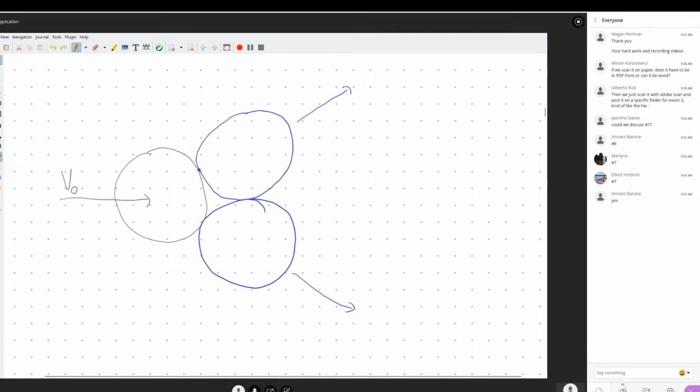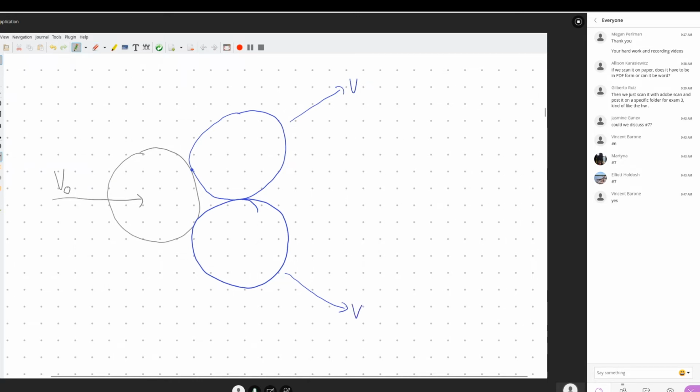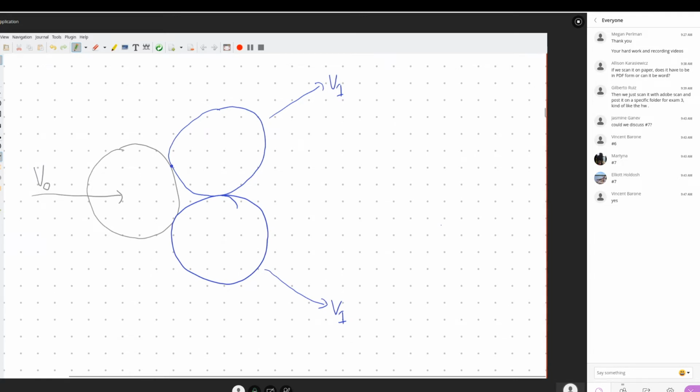They're going to go out like this. We'll call these velocities, I'm just going to use v for them, for the final velocities of the balls. Since we might need to entertain the idea that they're different, I can represent them by v1.